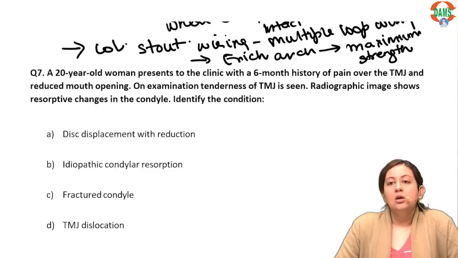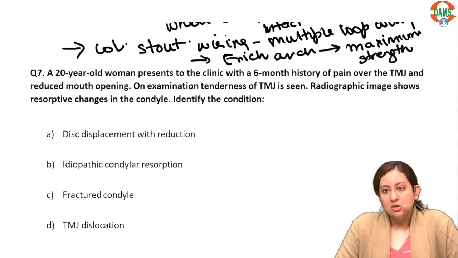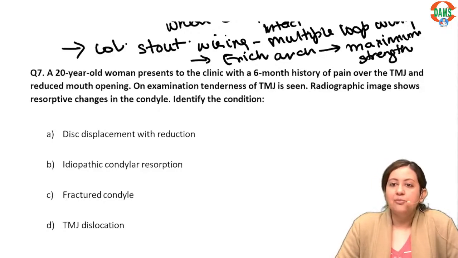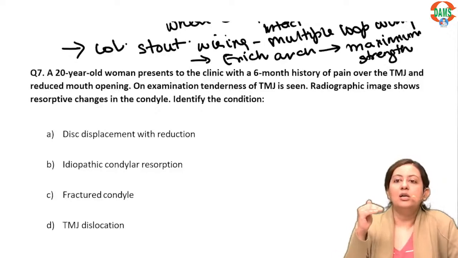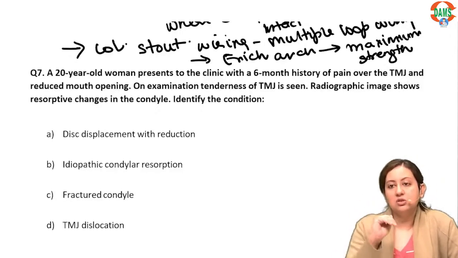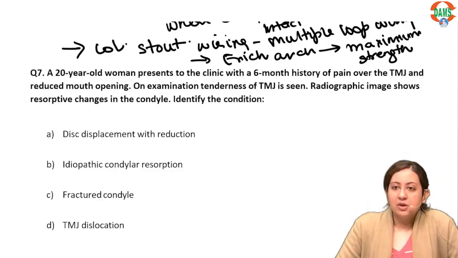Since the condyle is resorbing, the patient will have pain. There will be reduced movements in the joint because the condyle no longer has its contour, it's resorbed, so movements will be affected. Hence the patient will have reduced mouth opening. So yes, this somewhat seems like our answer.